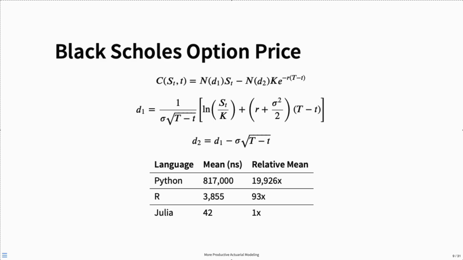Implementing this in the most straightforward way, using the math shown there, and calling functions like the cumulative normal distribution, so kind of testing pure math speed. Python is close to 20,000 times slower than Julia, and R is almost 100 times slower than the naive Julia implementation.